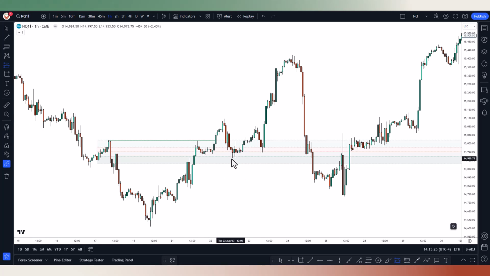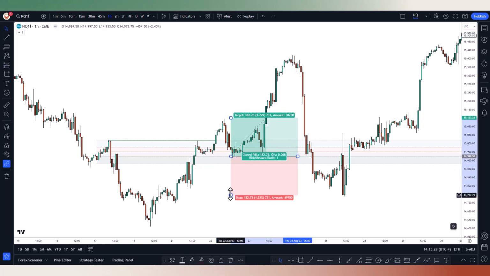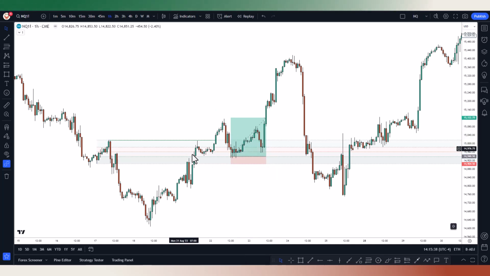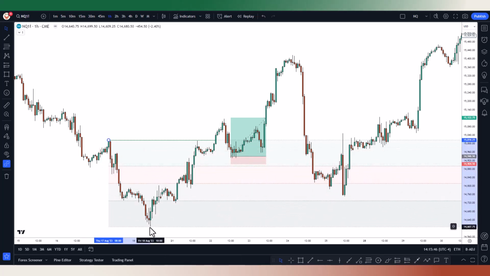In this case, I will trade from here with the lower stop and will target this high.